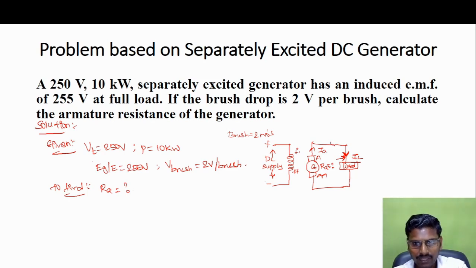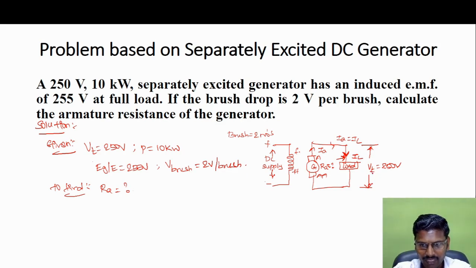From this diagram, IA is equal to IL in a separately excited generator. The voltage across this load will be Vt, which is equal to 250 volt, given in the question. Vt means terminal voltage, which is the voltage across the load. This is not the input voltage.